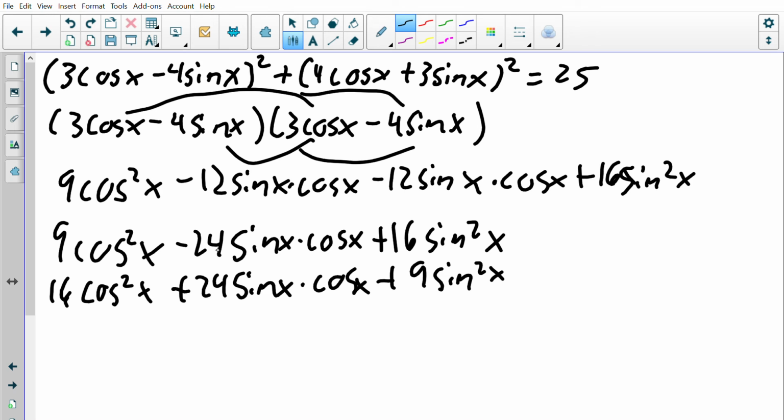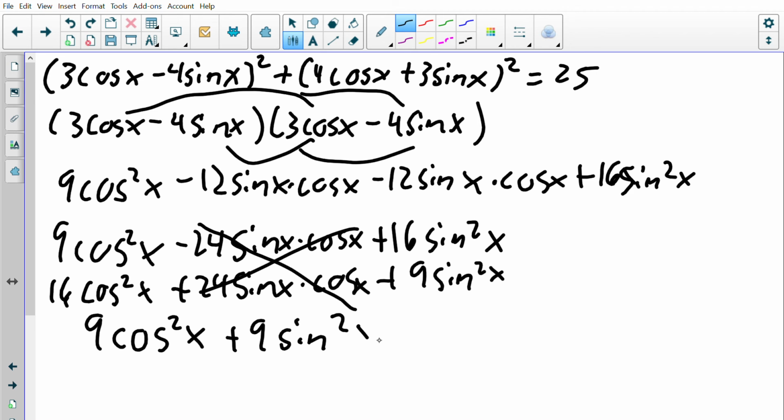So this minus 24 and plus 24 would have canceled each other out. And I'm going to rewrite it so that the 9 cosine squared and the 9 sine squared, because they both have 9s, are next to each other. And then the 16s together.